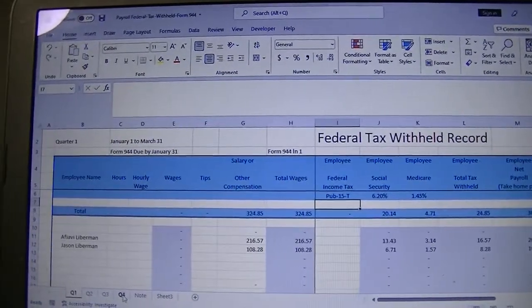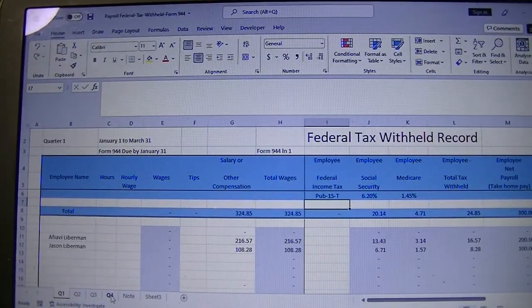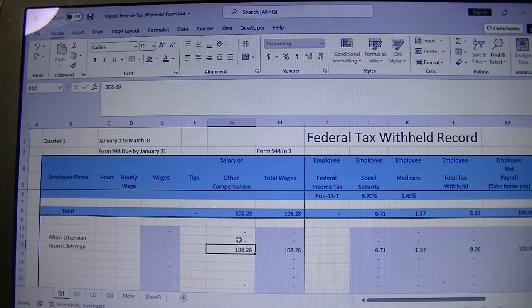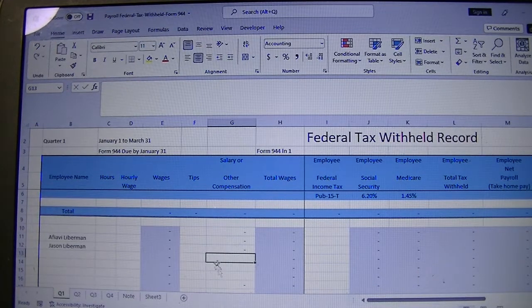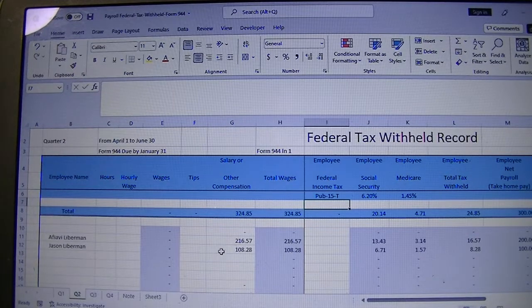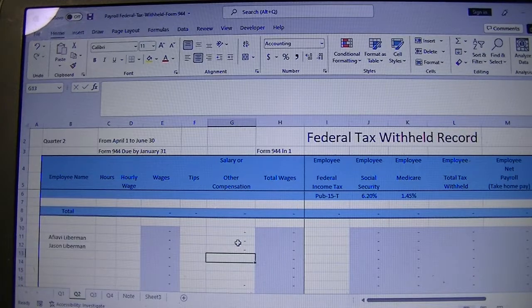If you have time, you can design a simple spreadsheet to track your payrolls as you pay them to yourself or people working in the business.